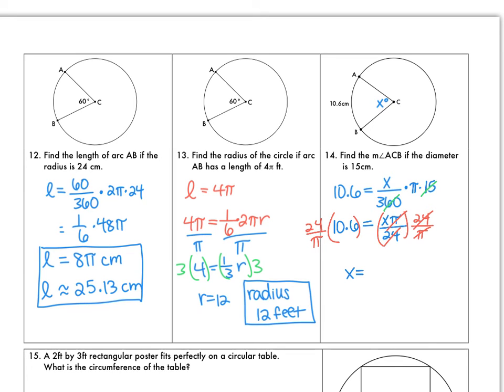Let's round to the nearest degree here, so that'd be 81 degrees. Like the 10.6, we rounded to get that one. So we're going to round to the nearest degree here. And I'll let you know on the test or the quiz what you're supposed to round to.